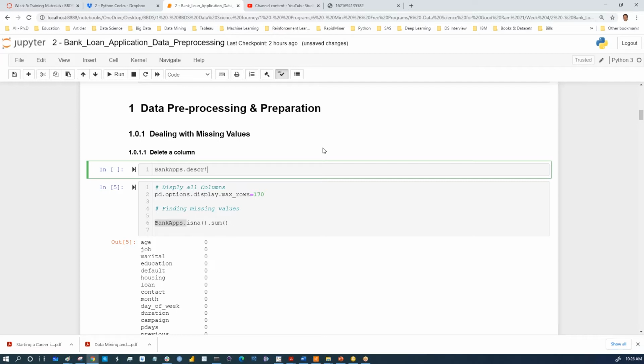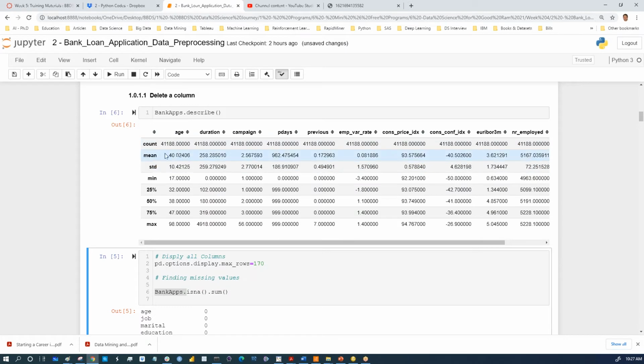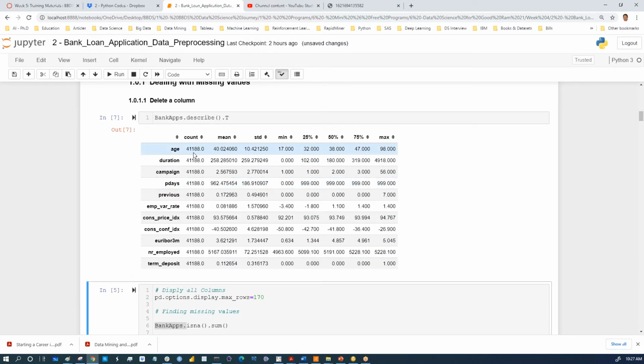Especially, you could use the describe function and take a look into the features one at a time. If you see any value that does not make sense statistically, then definitely you might need to question it. You got some zeros in here.